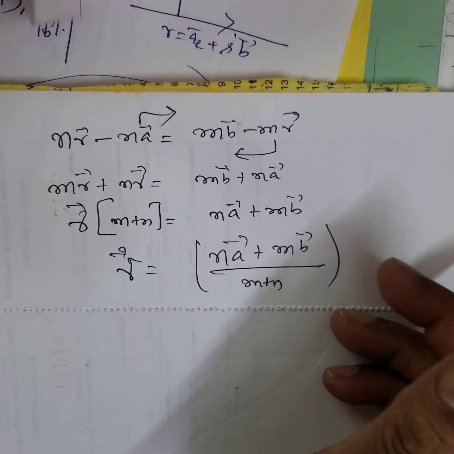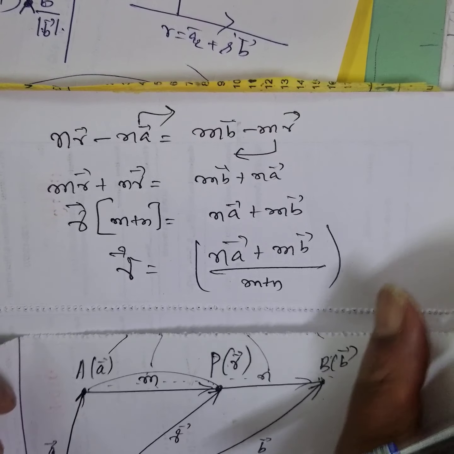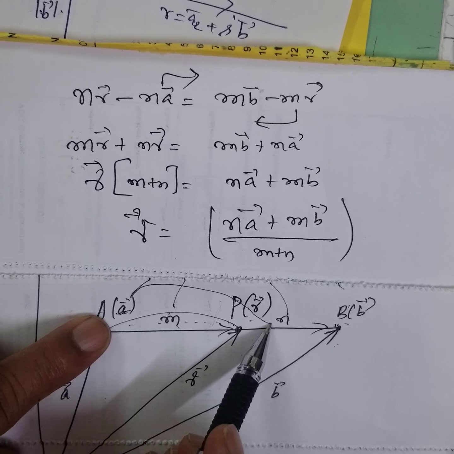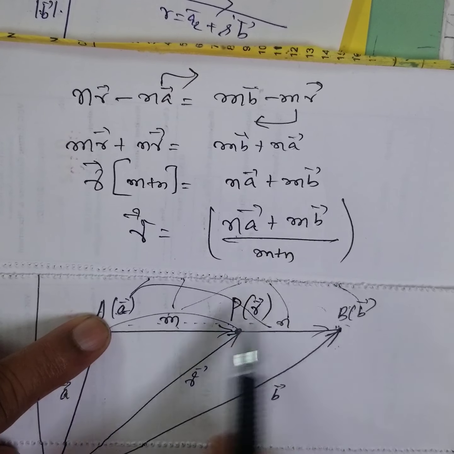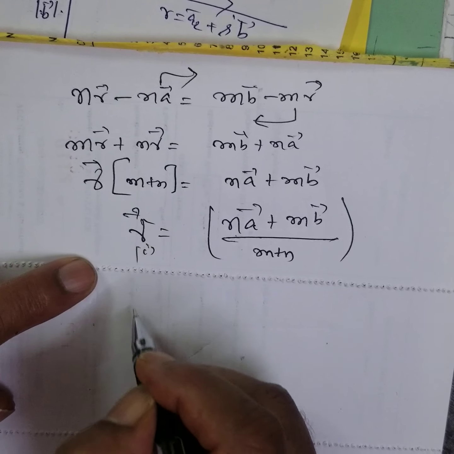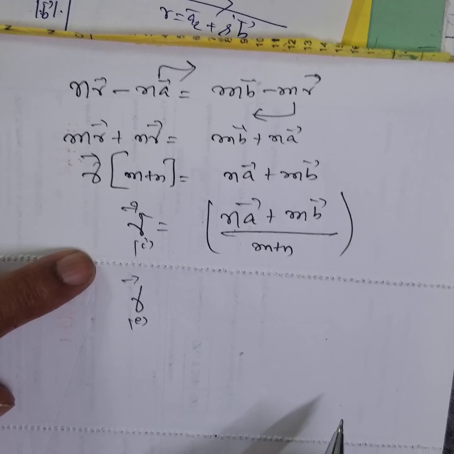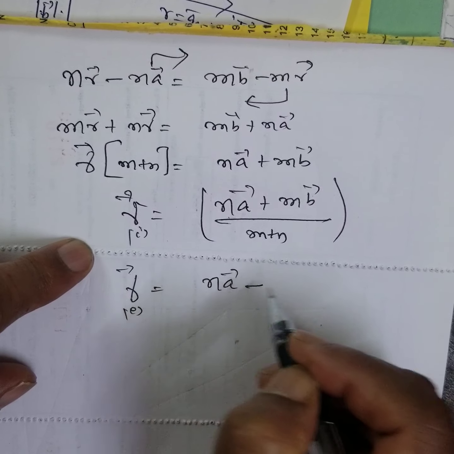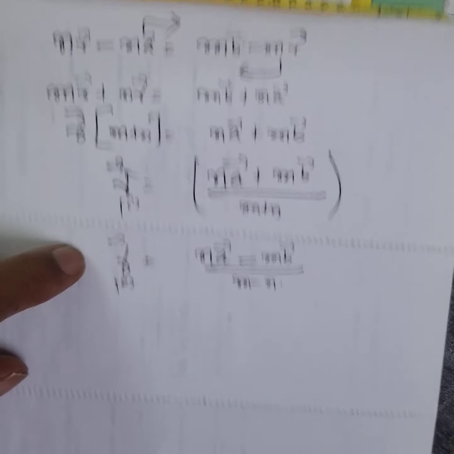Just observe here. A is connected to N, B is connected to M, divided by M plus N. This is for internal division. If R divides externally, how is the negative written? It is (NA minus MB) by (M minus N).